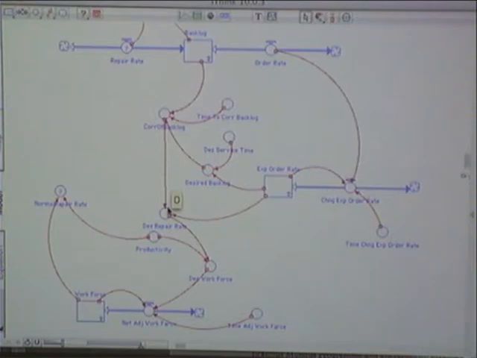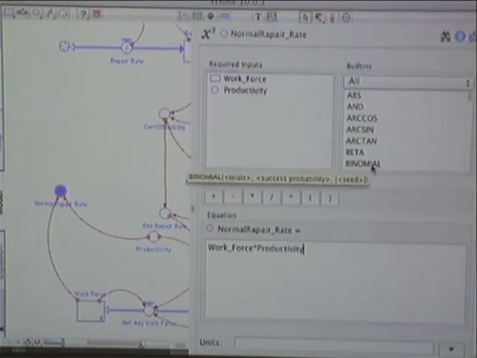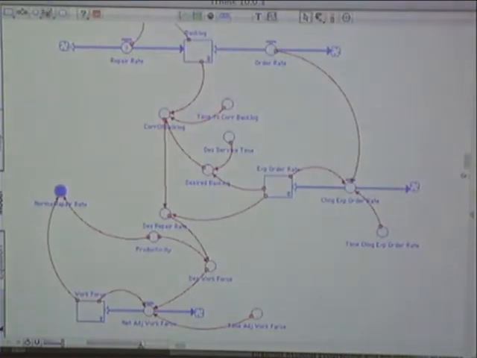Workforce times productivity gives you the actual repair rate. So workforce times productivity. And what I do now is to say I want to let the repair rate be equal to the normal repair rate.